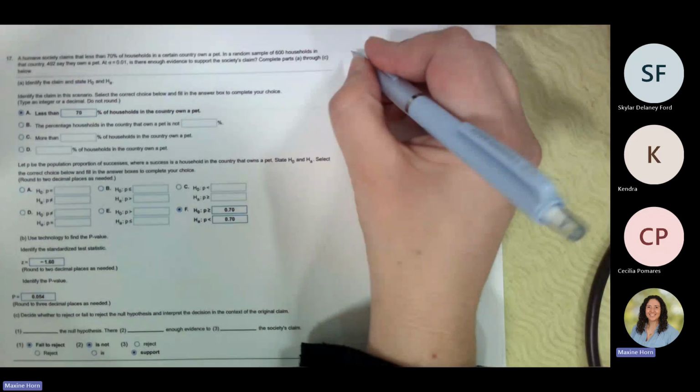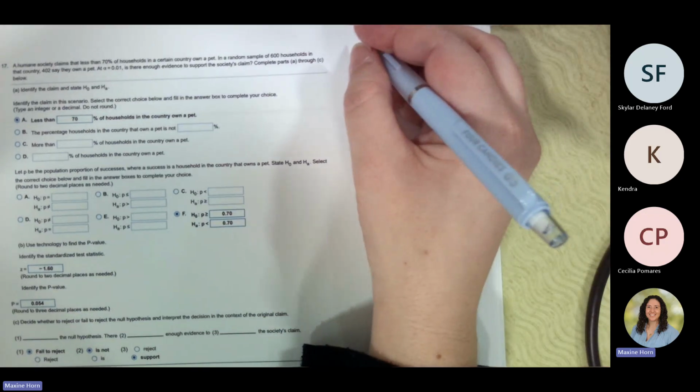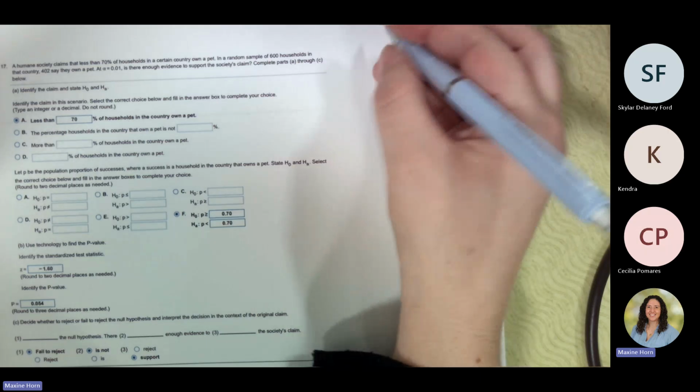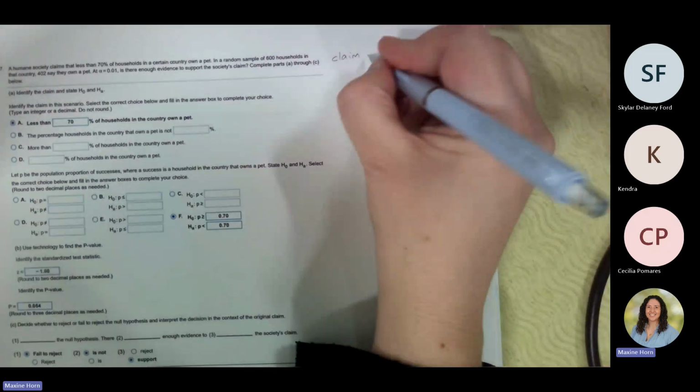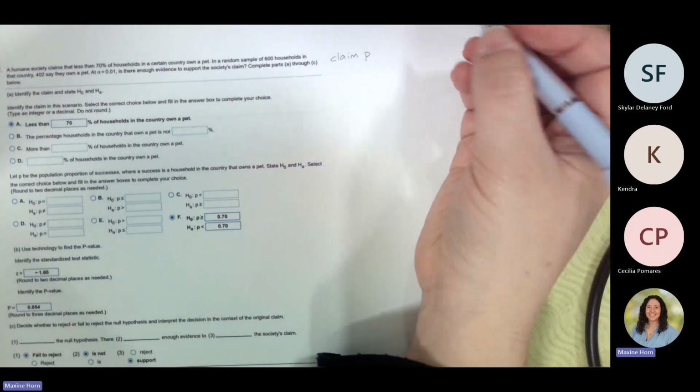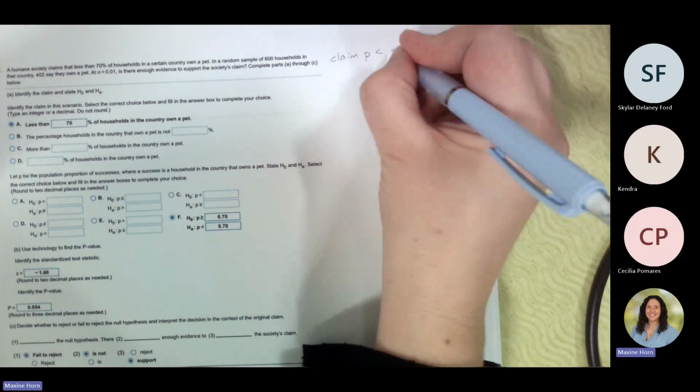Number 17. The Humane Society claims, what's their claim? Less than 70% of households in a certain country own a pet. Their claim is the proportion of people who own pets is less than 70%.